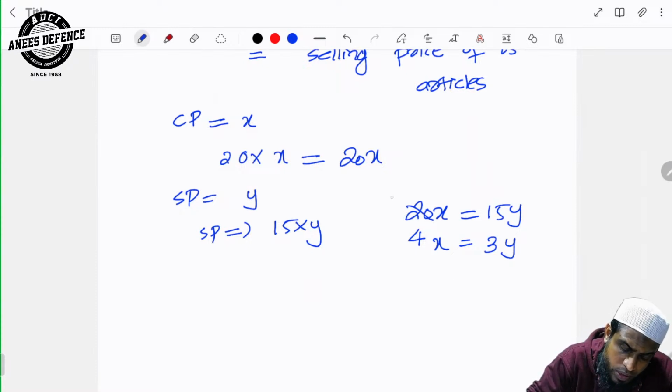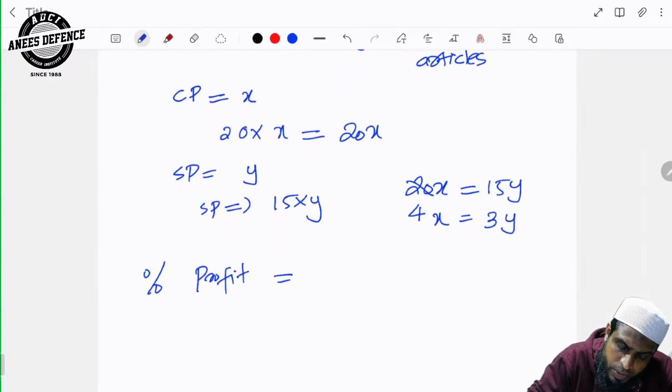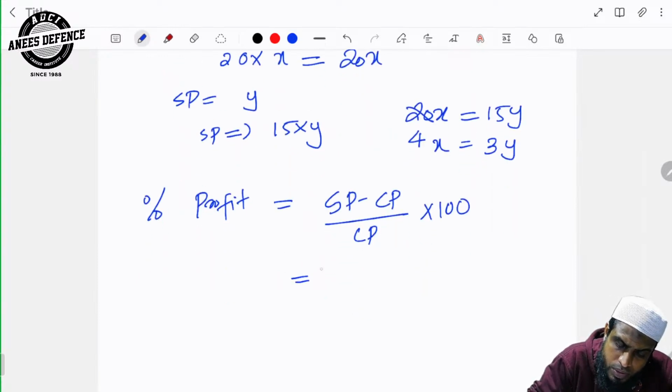Then we have to calculate the percentage of profit. That is selling price minus cost price by cost price into 100. The selling price is y, so (y minus x) by x into 100.